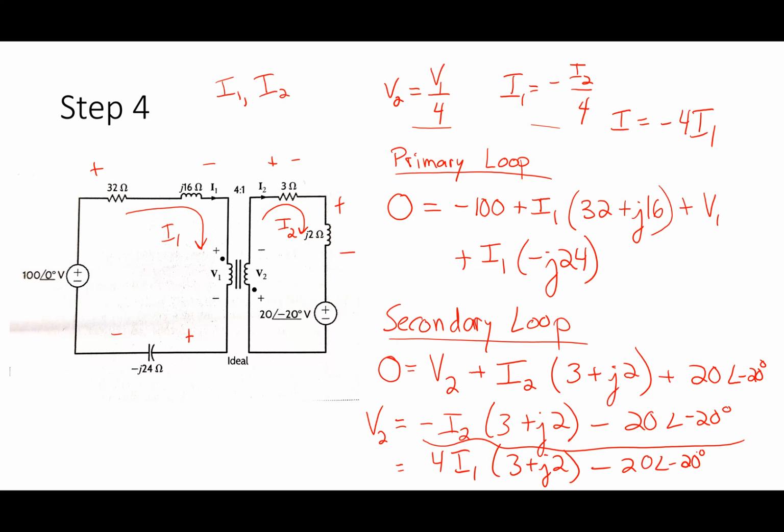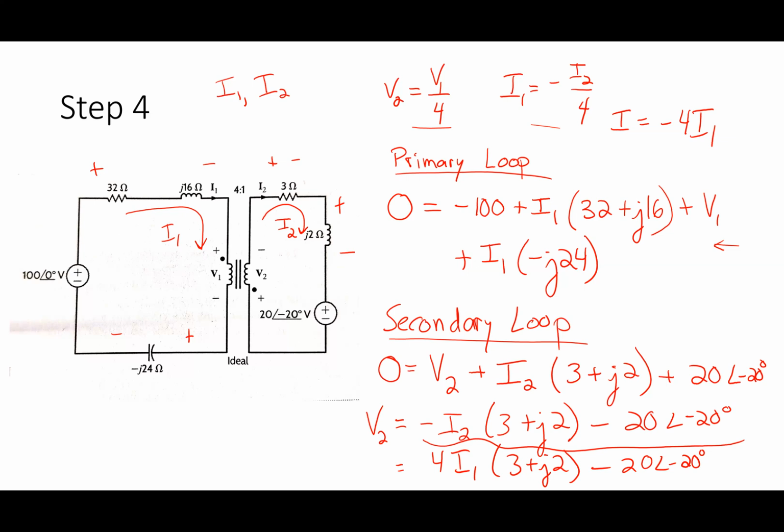Now, what else do I know about V2? Well, V2 is not in my other equation right here. So I've reduced the number of variables here, right? So now what do I have? I have V2, I1, and V1. Can I get rid of V2 as well? Yep, V2 equals V1 over 4.